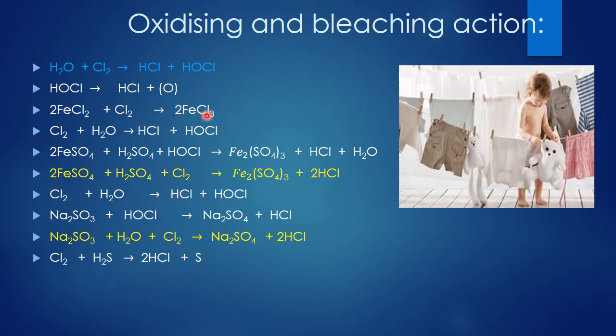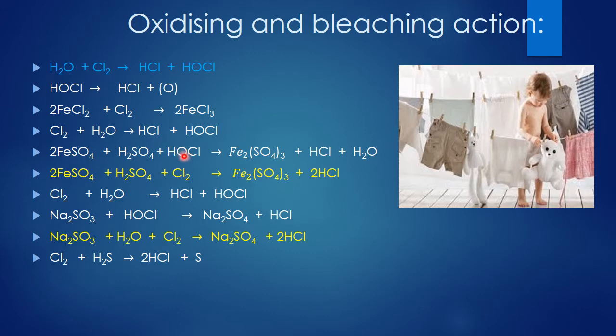So it undergoes oxidation. Now another one: when chlorine is treated with water, you will get HCl and OHCl. The OHCl part is treated with ferrous sulfate in the presence of sulfuric acid, and ferrous sulfate is converted into ferric sulfate. Ferrous has oxidation state plus 2, ferric has oxidation state plus 3. The byproduct is HCl plus water.